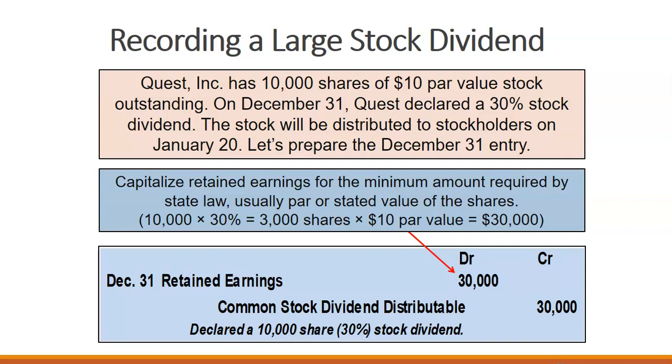So we capitalize our retained earnings for the minimum amount required by state law for a large stock dividend. So that's our par value. We're going to debit retained earnings for 30,000 and credit our common stock dividend distributable 30,000. In either case, we're going to have additional shares of stock.